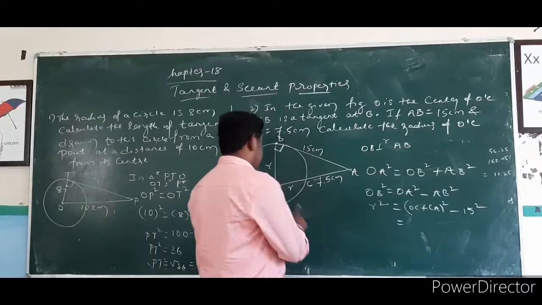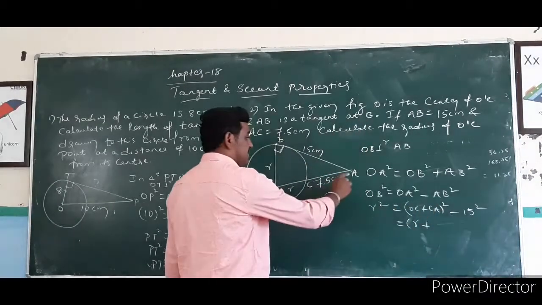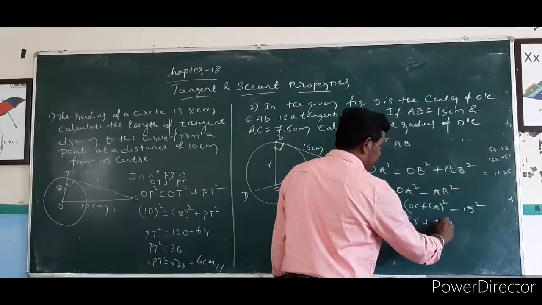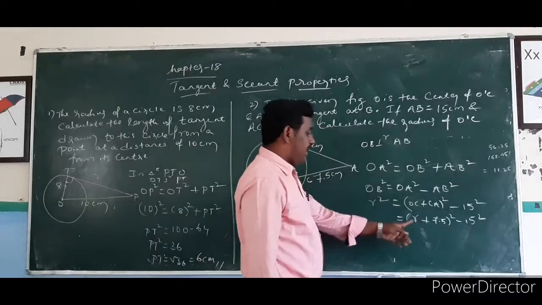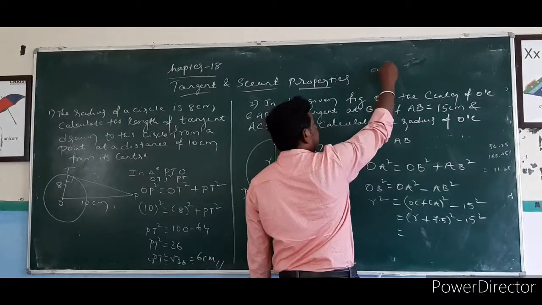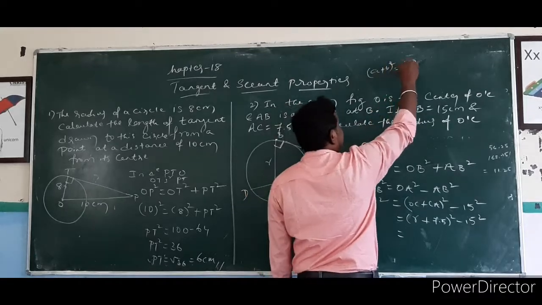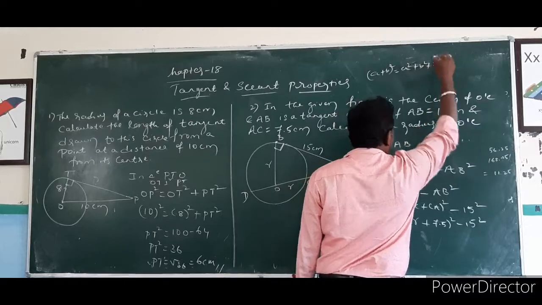OC is the radius R, and CA is 7.5. So R plus 7.5 whole square minus 15 square. Expand R plus 7.5 whole square using the formula A plus B whole square, that is A square plus B square plus 2AB.